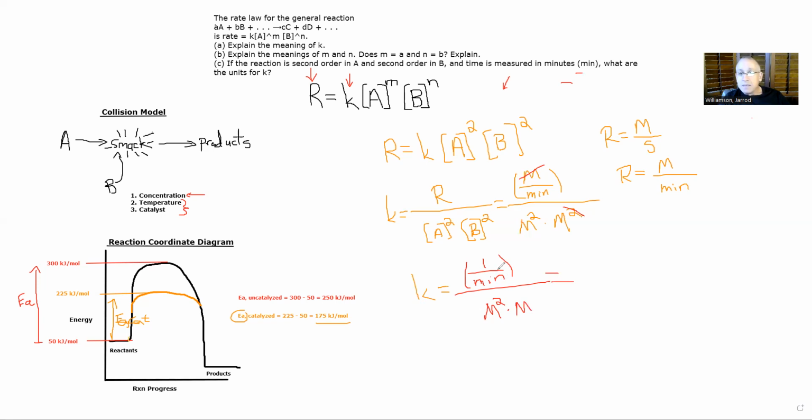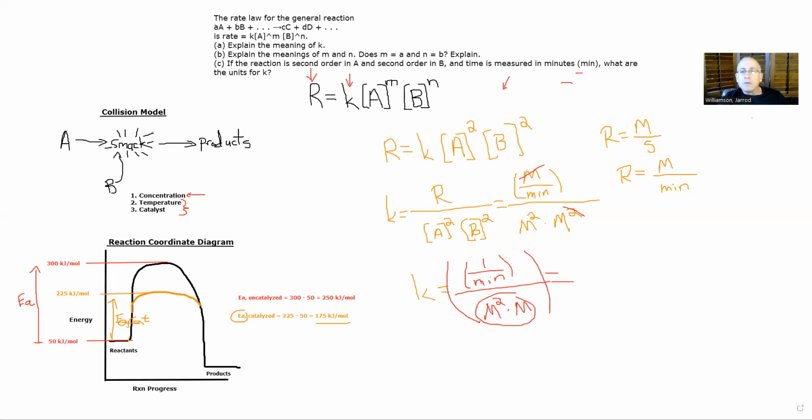Molarity squared, and that's on the bottom of a fraction. Well, that's actually on the bottom of this big fraction right here, right? You guys get that? So that's going to end up K.